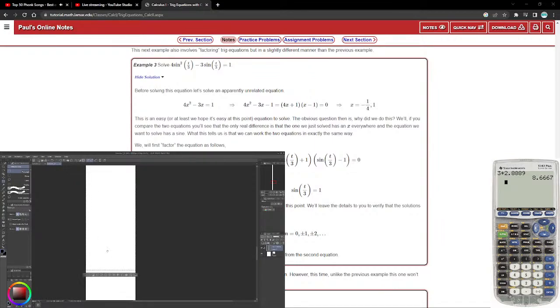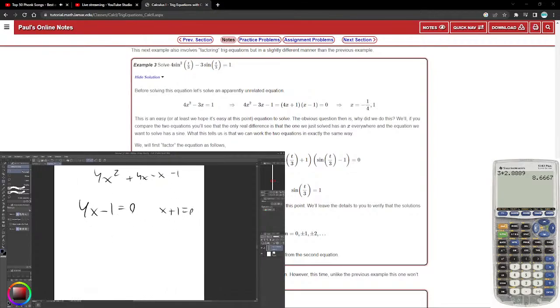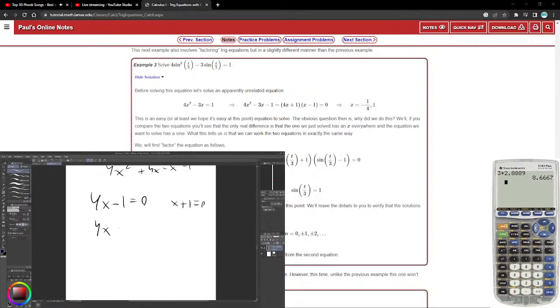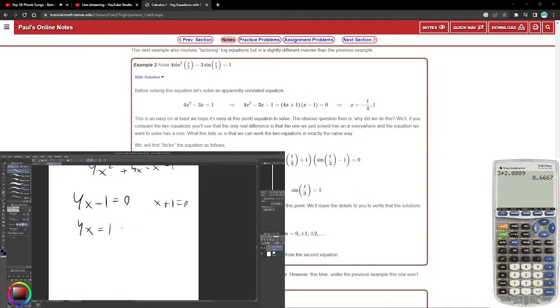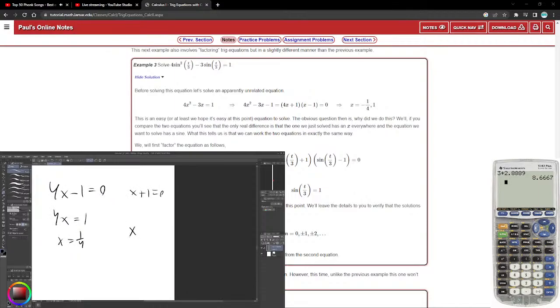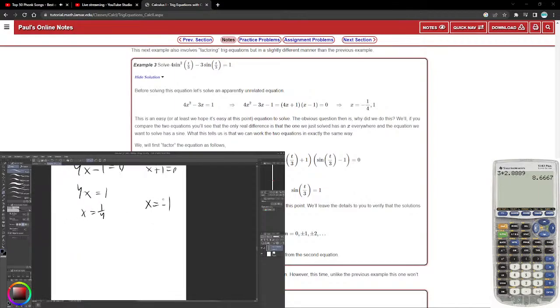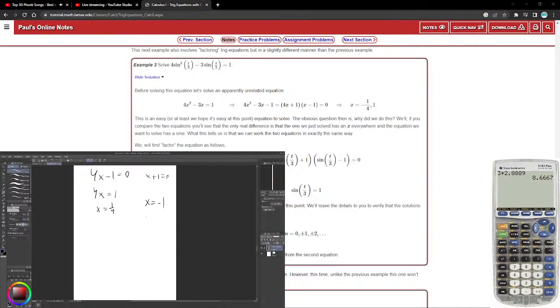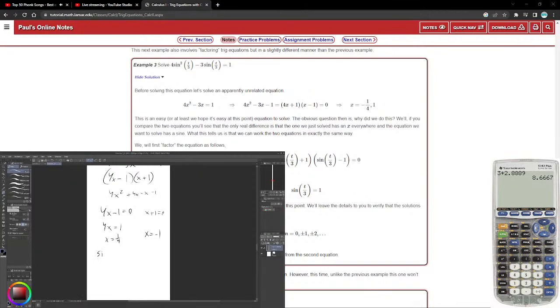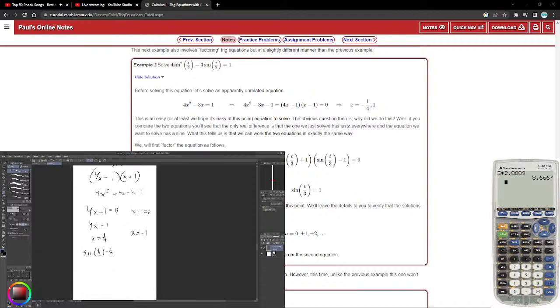I love deleting work. So 4x equals 1, x equals a fourth, and x equals -1. Okay. So sine t over 3 equals a fourth.